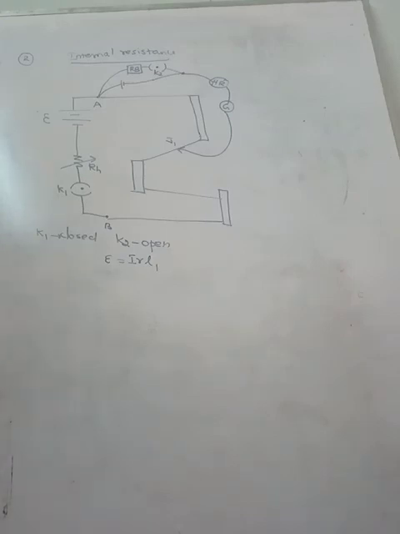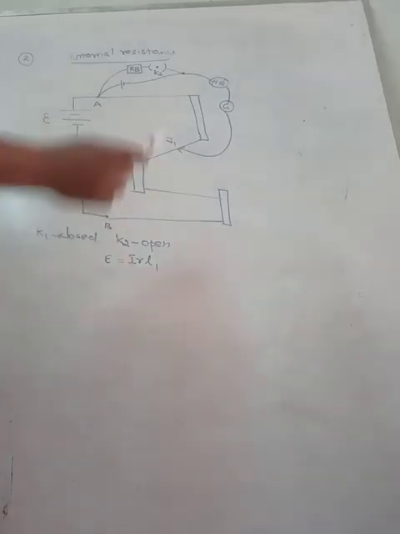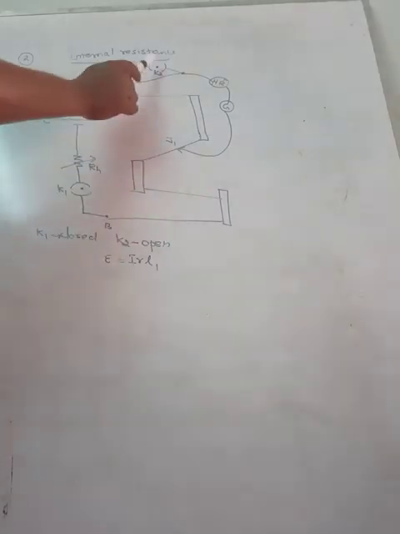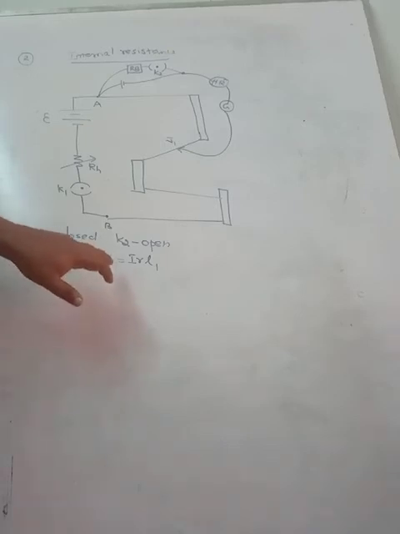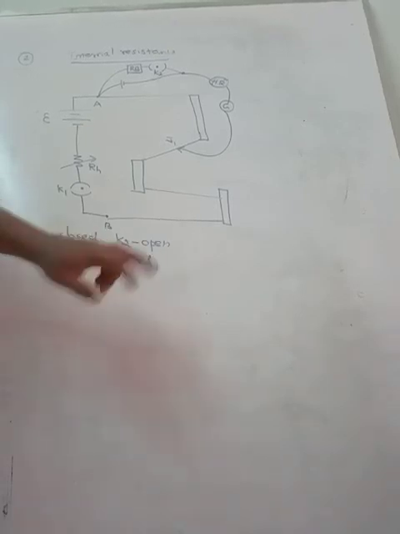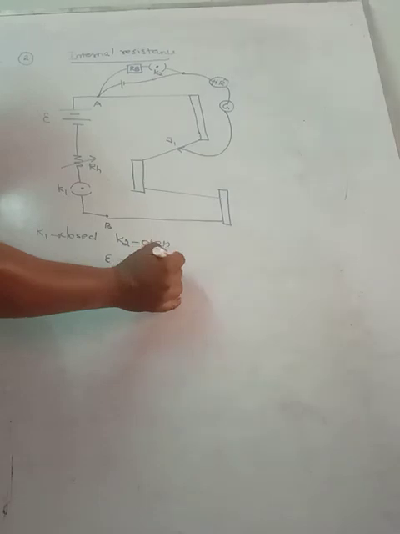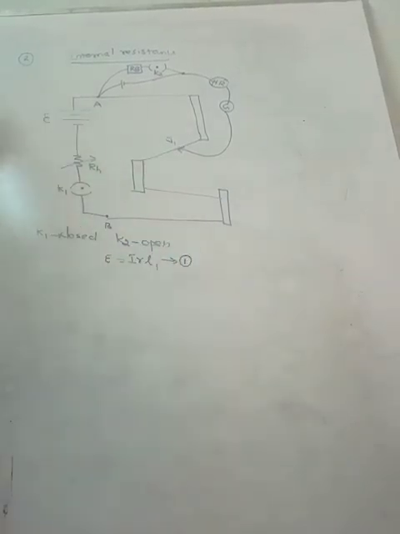Potential difference means the difference in potential across the circuit when the circuit is closed. So here K2 is open, which means external resistance is not included in the circuit. If the external resistance is not included in the circuit, you can get the EMF, that I can write as E is equal to IRL1. Consider this as equation 1.